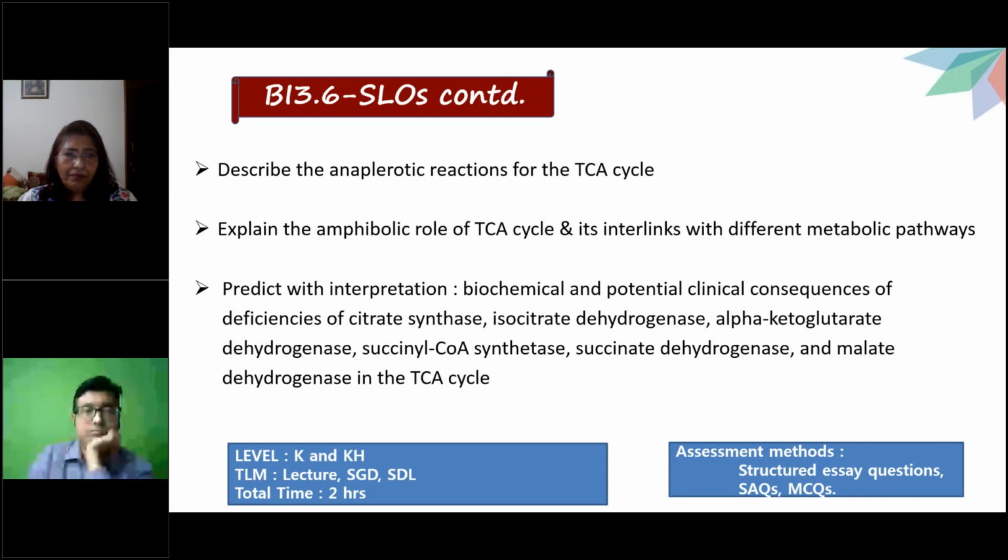Now, this competency can be taught in a lecture. Further, we can assign a few SLOs to small group discussions and self-directed learning, and that can be completed within 2 hours. To assess this competency, we can use structured essay questions, SAQs and MCQs as well. Next slide.